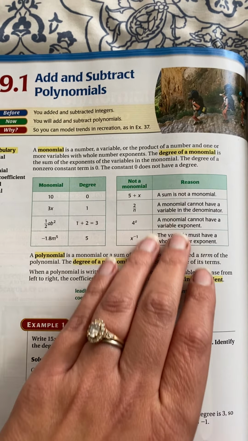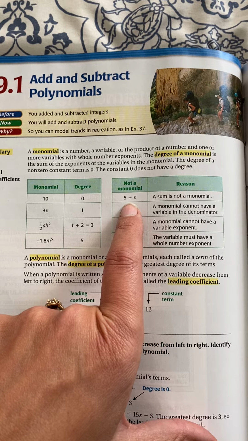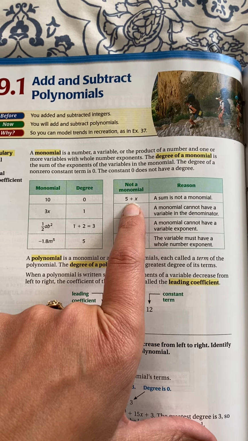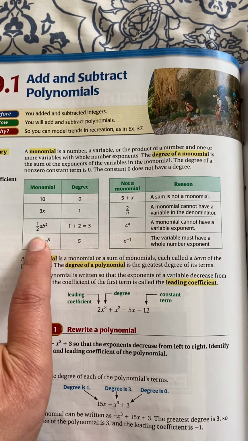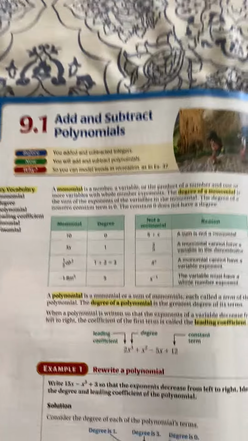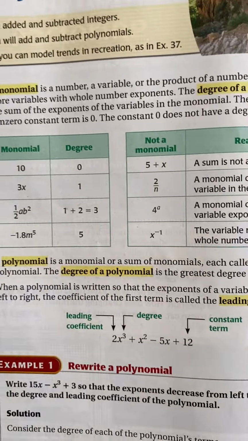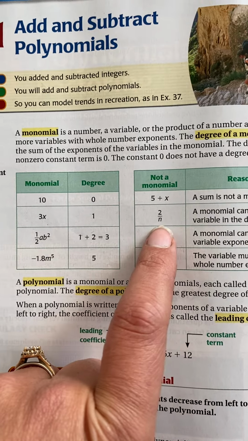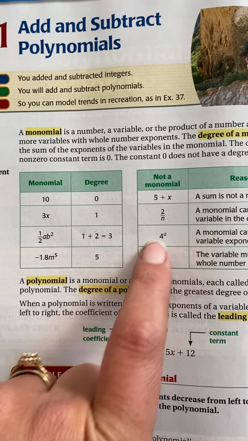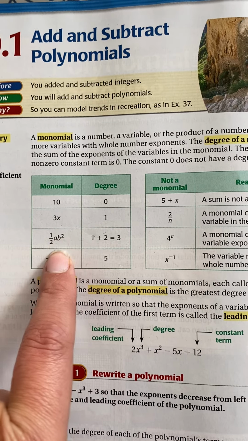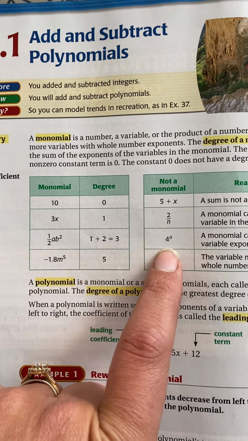When it's adding or subtracting, then it's no longer a monomial. It has to be multiplying or division, which is really multiplying times a fraction. You also cannot have the variable on the bottom of a fraction. So if this had been 1 over a times b squared, that would not have been a monomial.